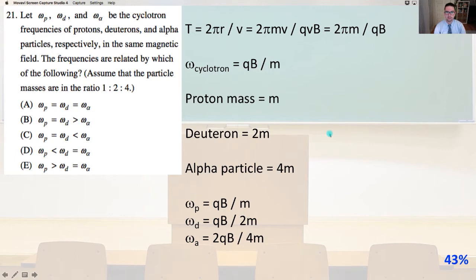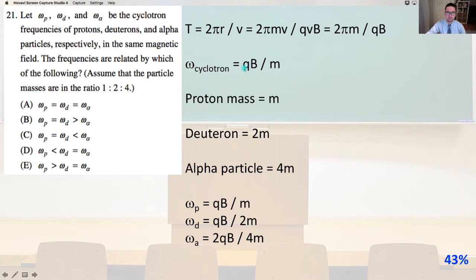So if you plug in our masses to the W of cyclotron, we have W of the proton equals qB over m. We have W of deuteron equals qB over 2m, and we have W of the alpha particle equals 2qB over 4m.